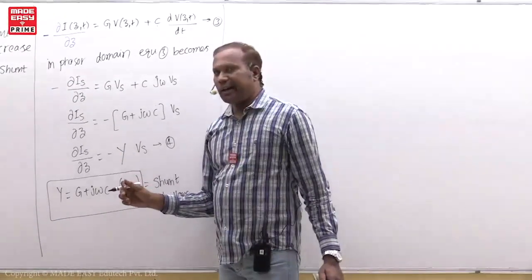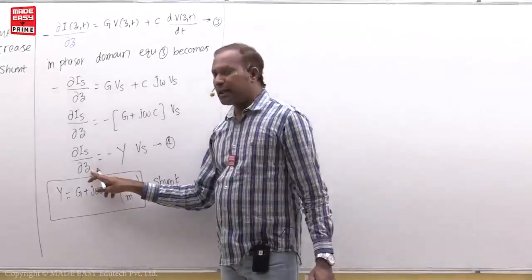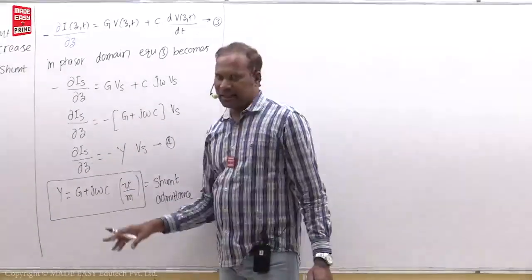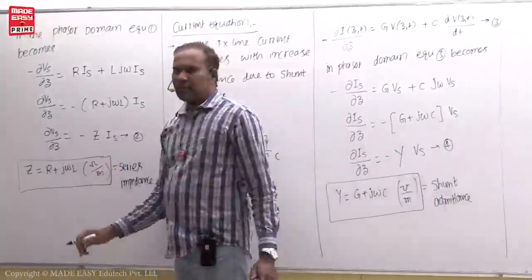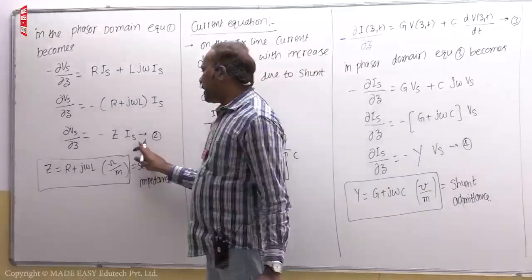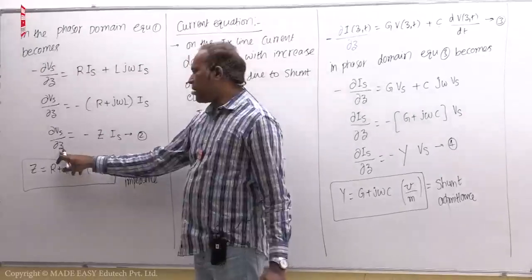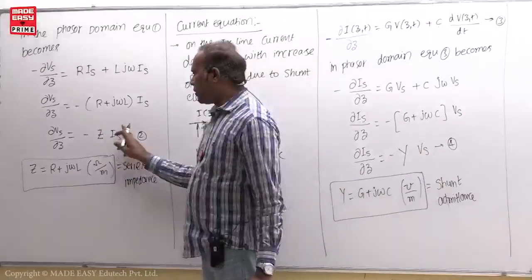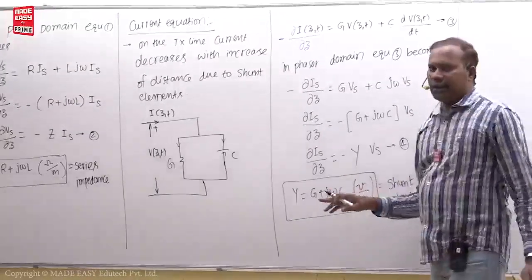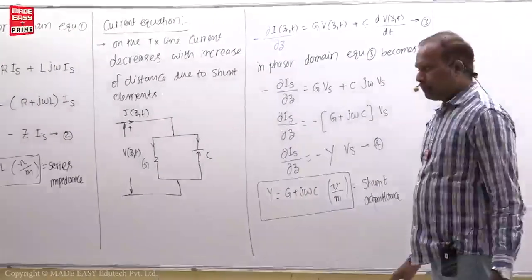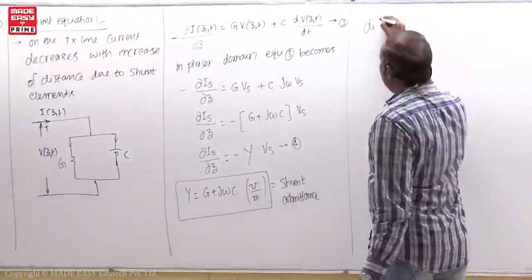So what we have to do is differentiate equation 2 with respect to z, giving dou square Vs by dou z square equals minus z into dou Is by dou z. Dou Is by dou z is in terms of voltage, so you get an equation in which both sides have voltage.